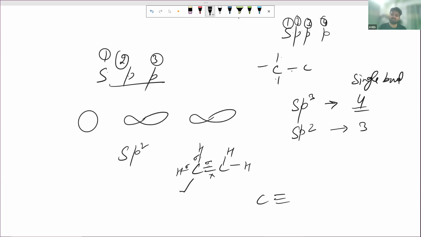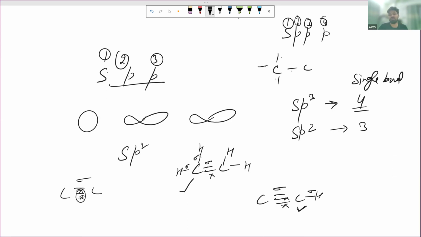If a carbon is bonded with a triple bond, then it will make 1 sigma bond here and 1 sigma bond here. This is a pi bond, and this is also a pi bond. So if I ask what the hybridization of this one is, how many sigma bonds are there? If something is bonded with a triple bond, one bond is sigma and the other bonds are pi, which are not counted.